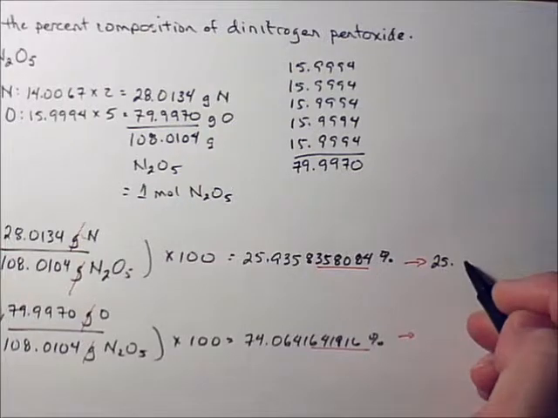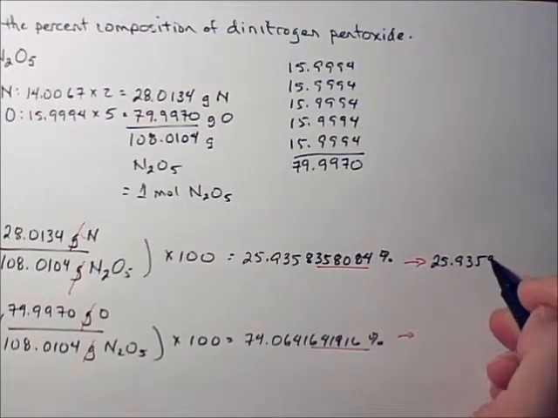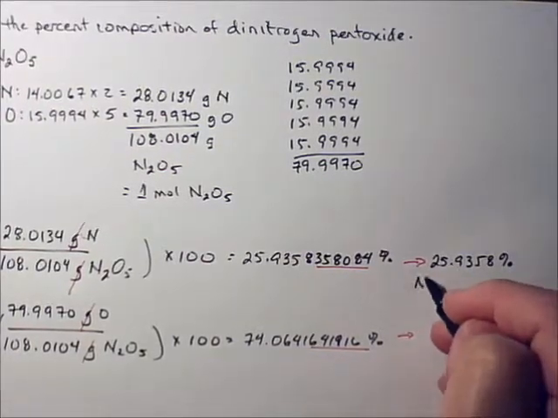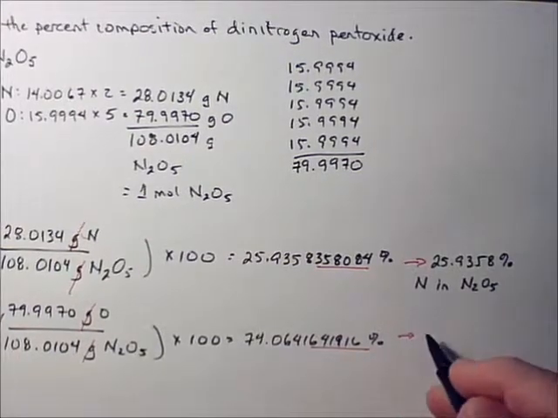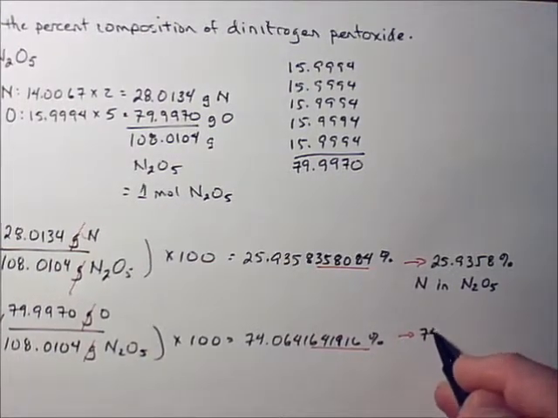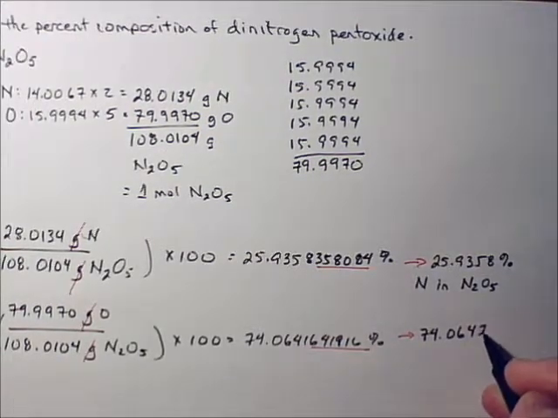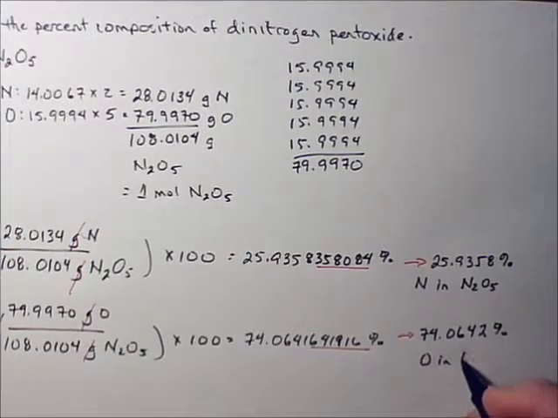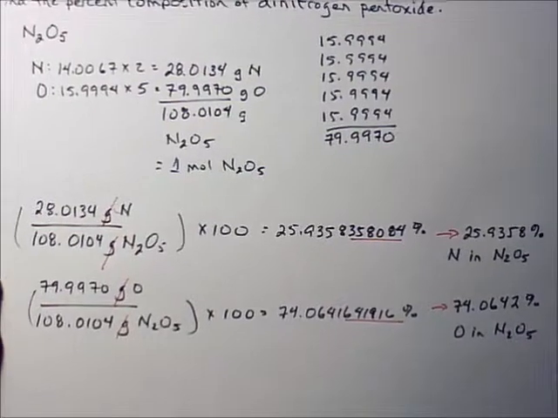So this is 25.9358% nitrogen in N2O5, and this is 74.0642% oxygen in N2O5.